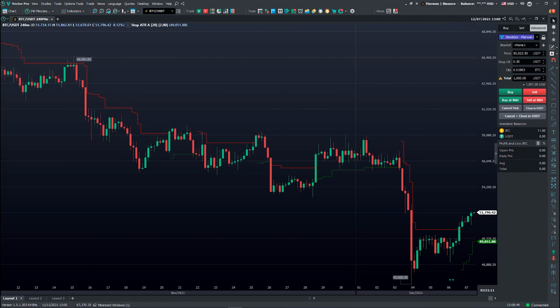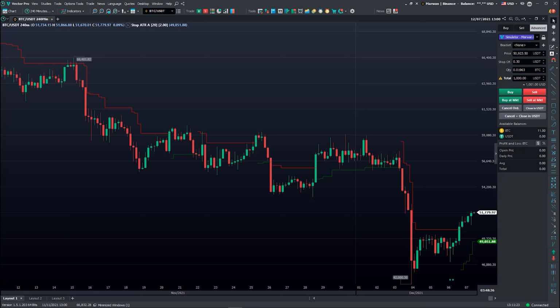Both the red and green lines of our Stop ATR are calculated based on the fluctuations of the price, giving this indicator an edge when it comes to its precision. We can also define different time intervals for our chart and have our indicator equally configured. This makes it possible for us to carry out different types of trading techniques, from scalping to swing trading.